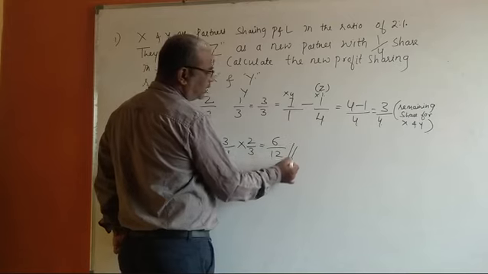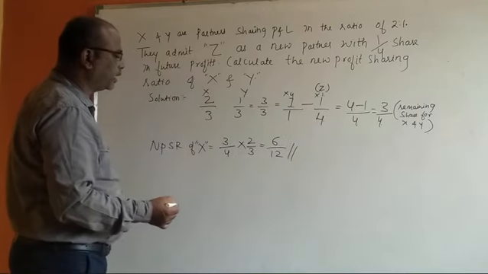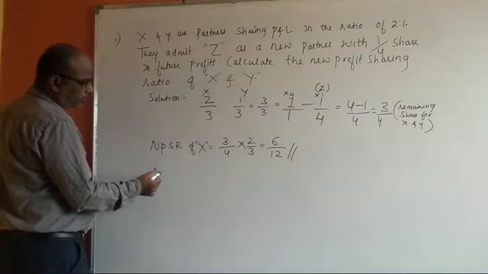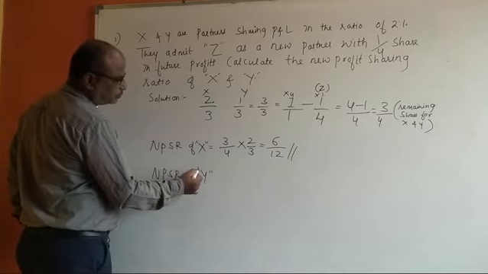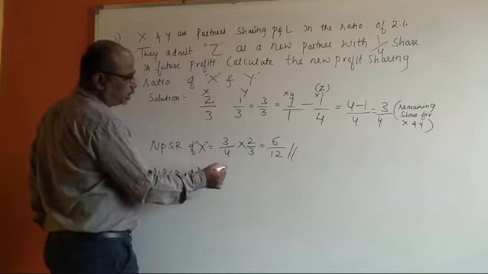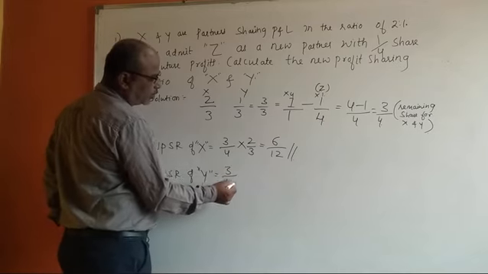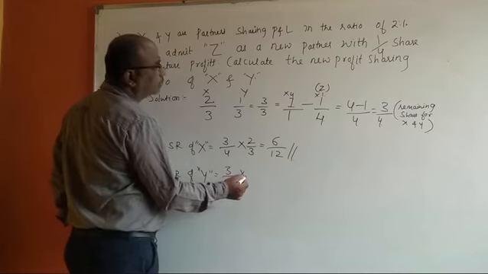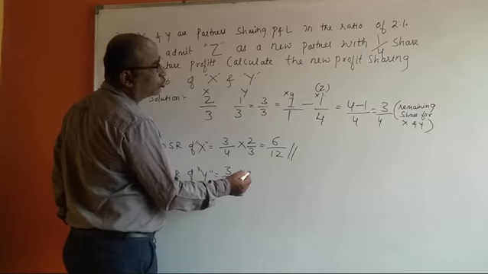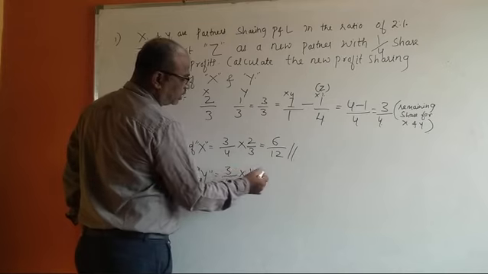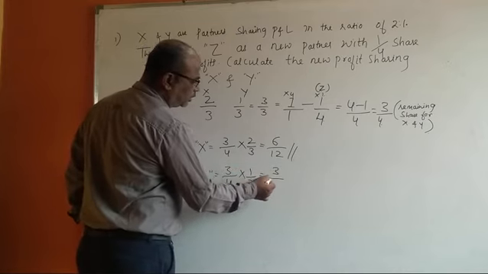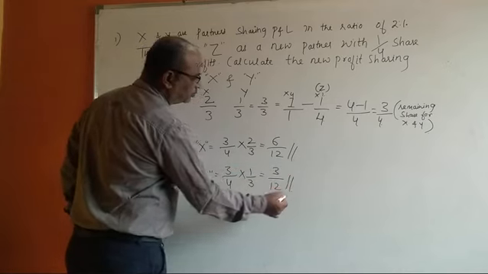So new profit sharing ratio of X will be 6/12. New profit sharing ratio of Y equal to 3/4 for the remaining share for X and Y. Out of that, he is supposed to get, according to his old ratio, how much? 1/3. So 3 1s are 3, 4 3s are 12.